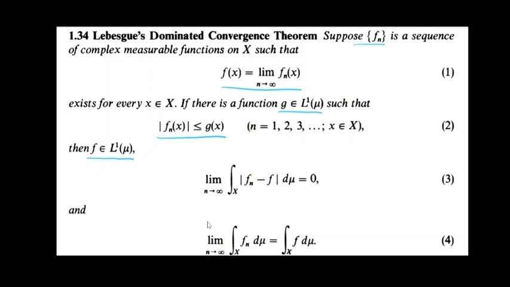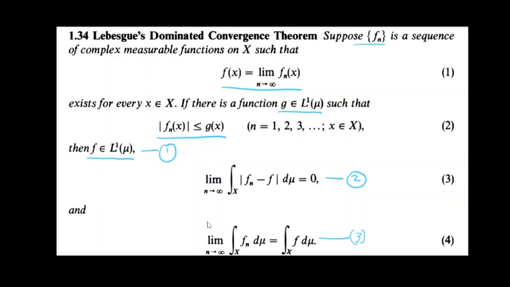And finally, the limit as n tends to infinity of the integral over X of f_n d mu equals the integral over X of f d mu.